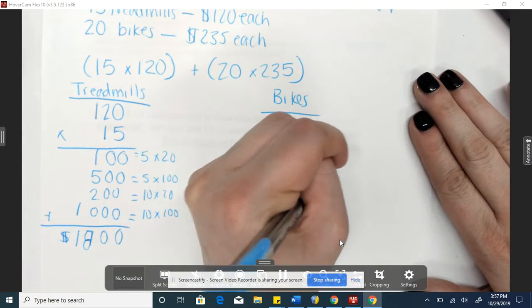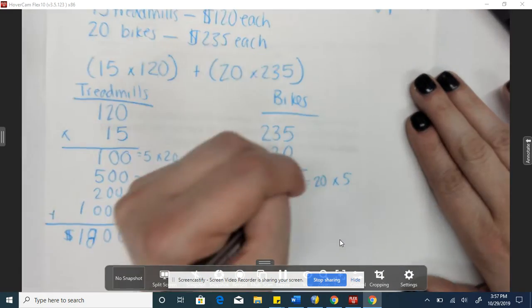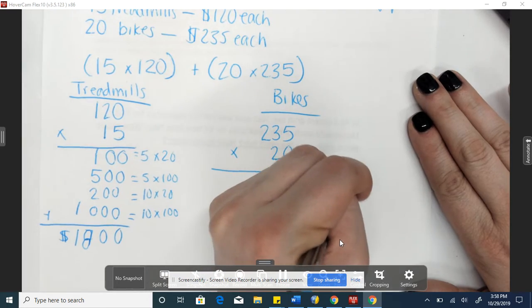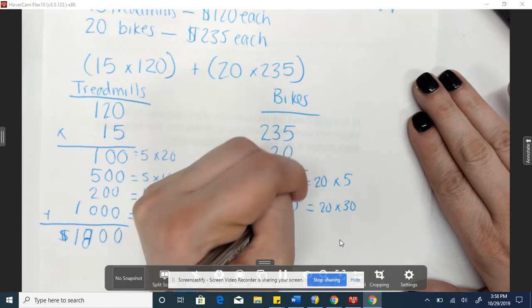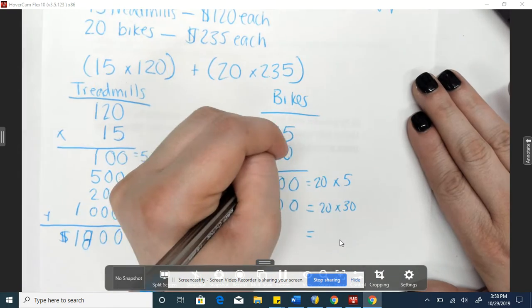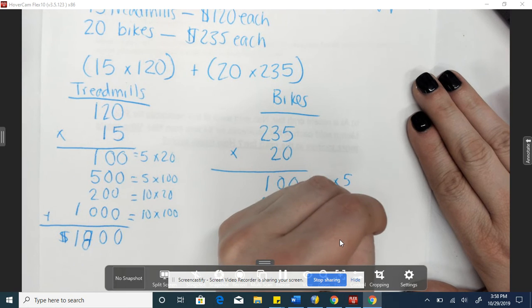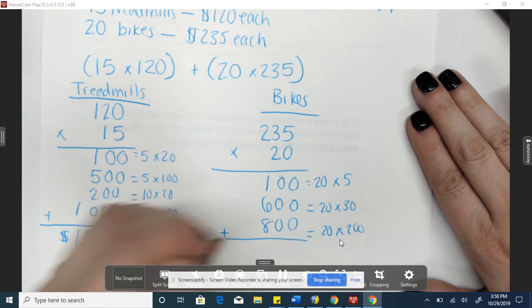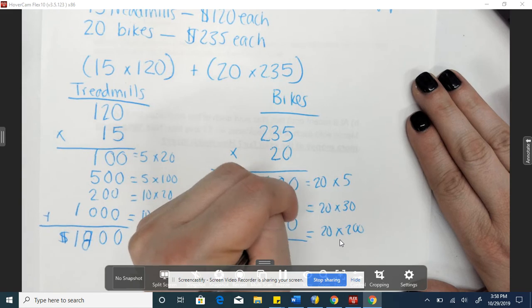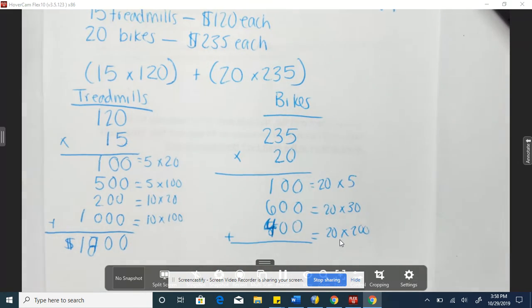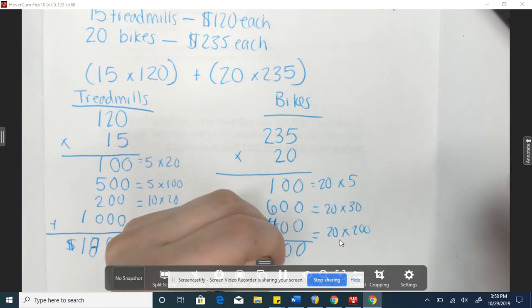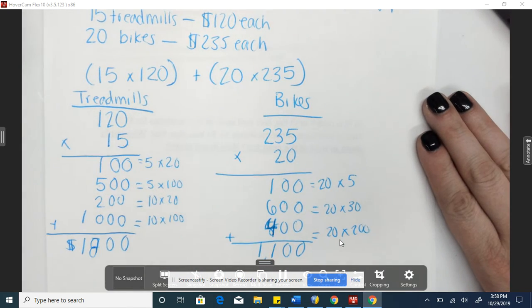So 20 times 5 is 100. 20 times 30 is 600. 20 times 200 is 400. Thank you. See, gotta check your work. It's easy to make mistakes on facts. So now I add them together, and I get 1,100.